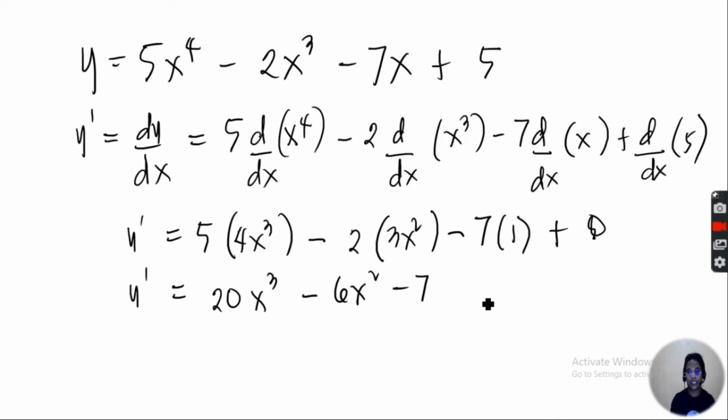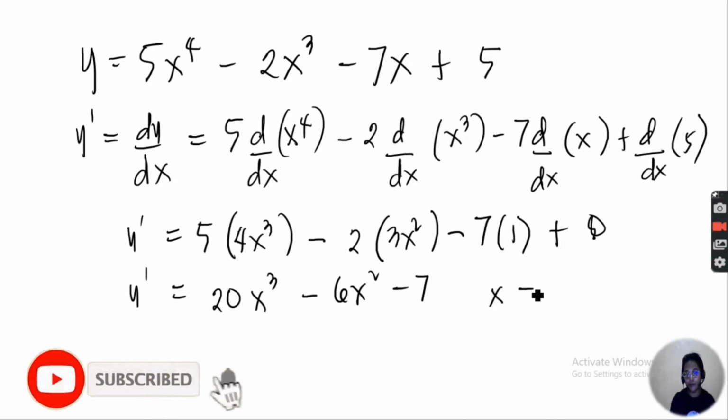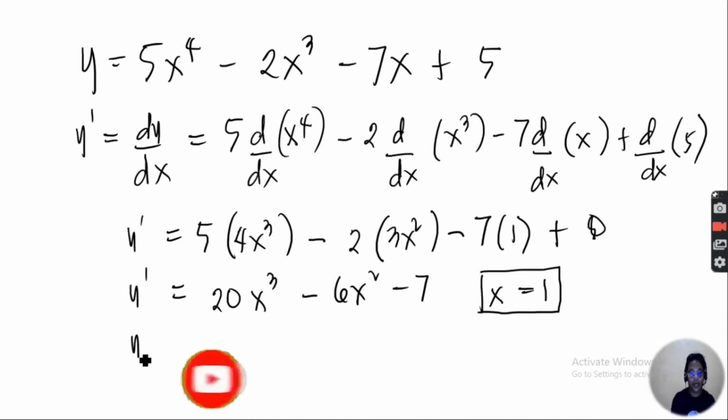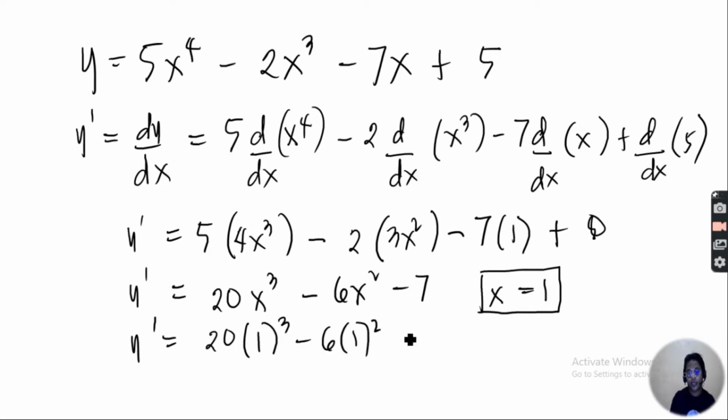And using x is equal to 1, so magiging y prime is equal to 20 times 1 cubed minus 6 times 1 squared minus 7 is equal to 20 minus 6 minus 7 is equal to 7.